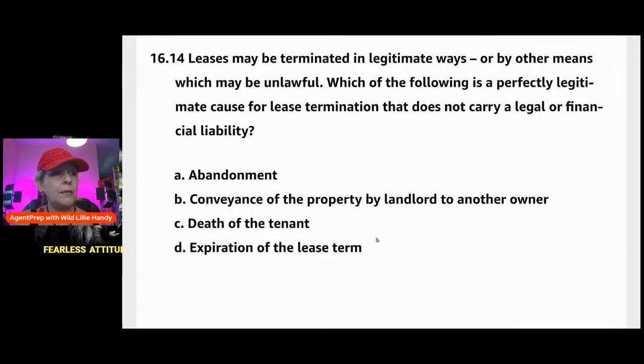So if somebody abandons the property, they can go after the tenant, right? If the landlord conveys the property to another owner, okay, that could carry a legal or financial liability if that landlord didn't inform the new buyer, right, that there was a tenant there, because leases have to be honored by the new owner.